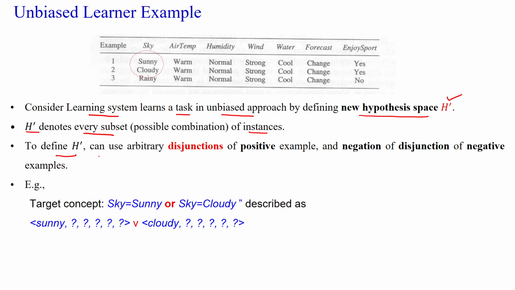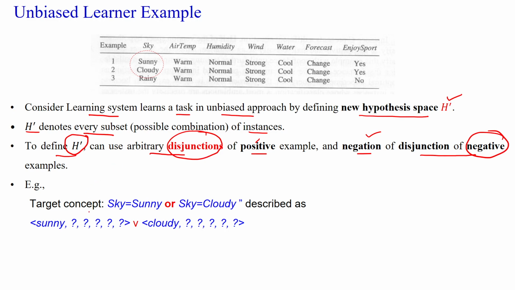To define H dash, we can use an arbitrary disjunction of positive examples and negation of the disjunction of negative examples. For negative examples we will use the negation, but for positive examples only we will use the disjunction. Using this, we will create the hypothesis space H dash, which is a subset of the hypothesis space capital H.